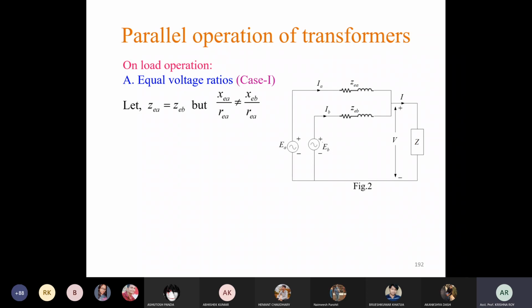Reactance to resistance ratio are not the same for these two transformers. So if we take tan inverse of this, we have tan inverse XEA by REA not equal to tan inverse XEB by REB, which means phi A is not equal to phi B. That means the power factor angle of transformer A is not equal to power factor angle of transformer B.